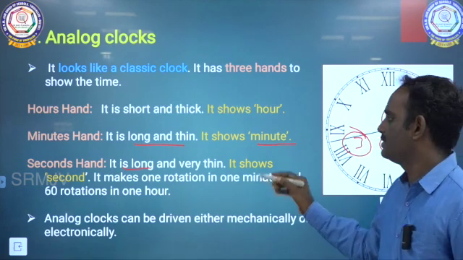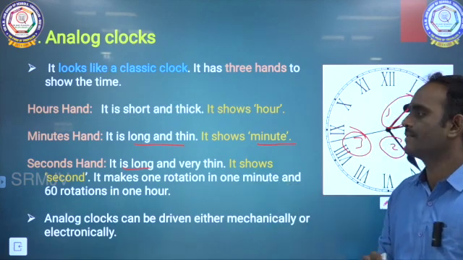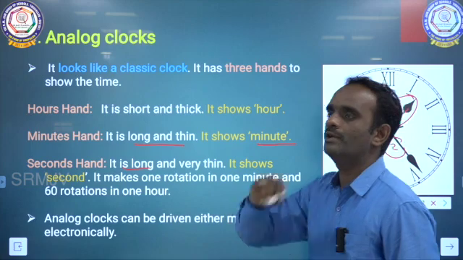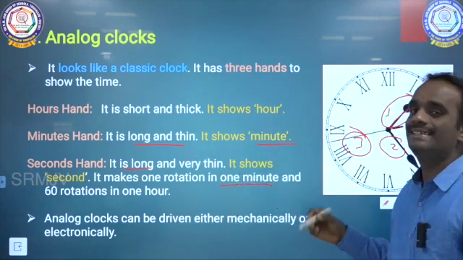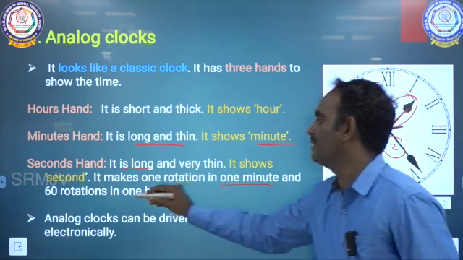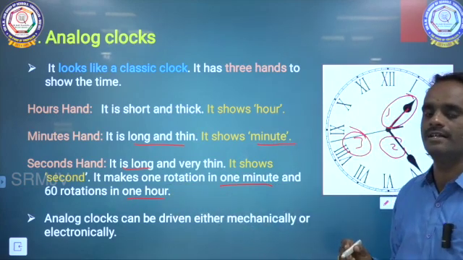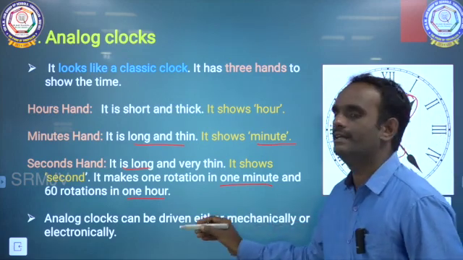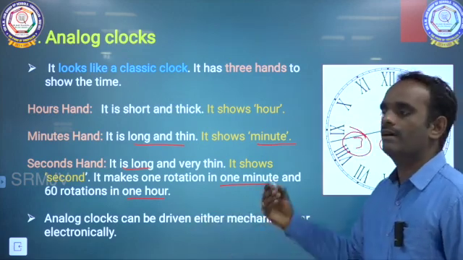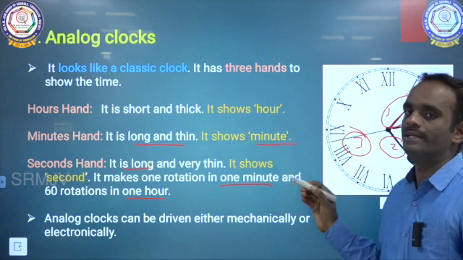So, it shows only the seconds. It makes one full rotation in 1 minute and 60 rotations in 1 hour. Can you get my point, children? Analog clocks can be driven either mechanically or electronically.